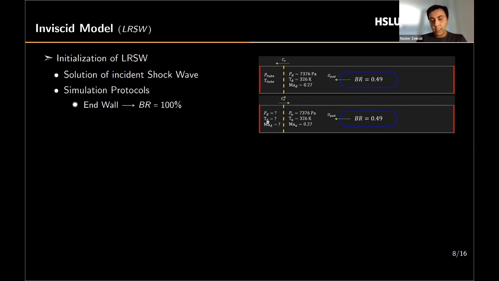The second point is that the downstream condition of the incident wave is identical with the upstream condition of the reflection wave. This is the reason that we first need to run the simulation to get the solution of the incident wave to be able to initialize the reflection wave.